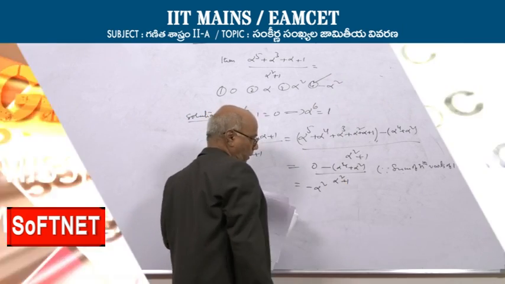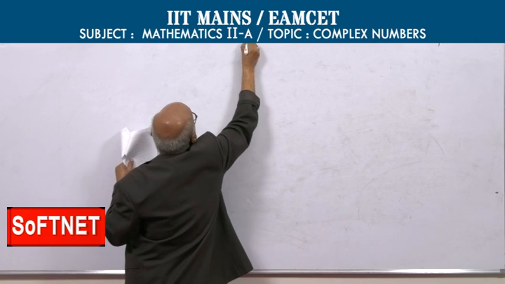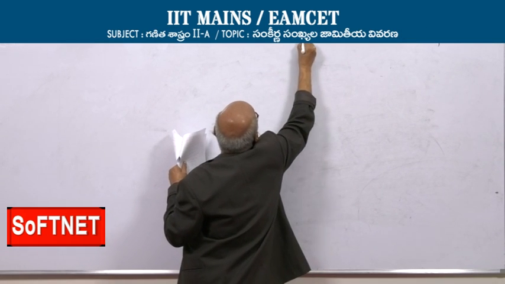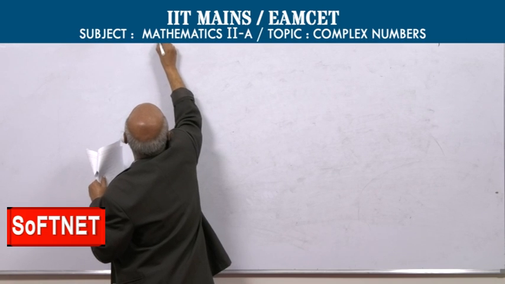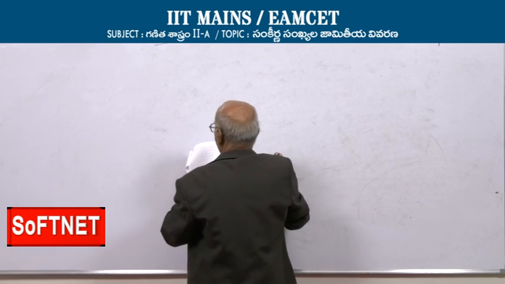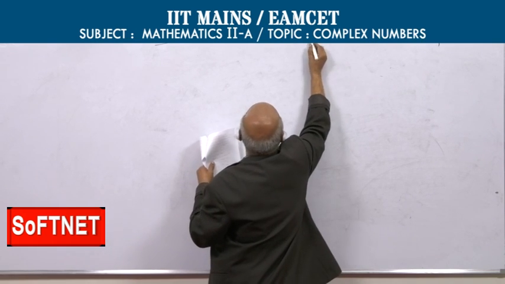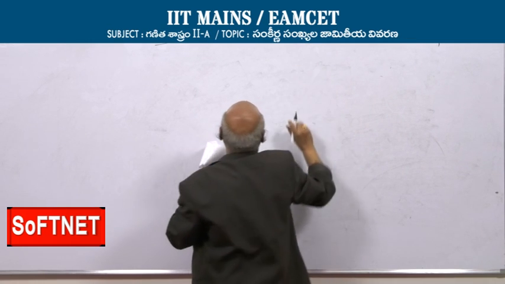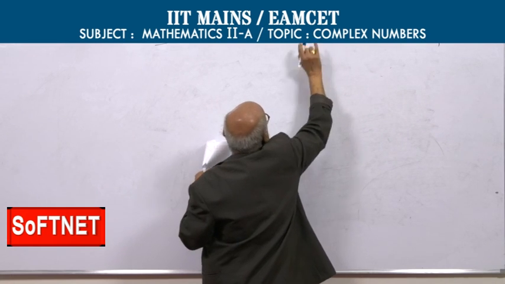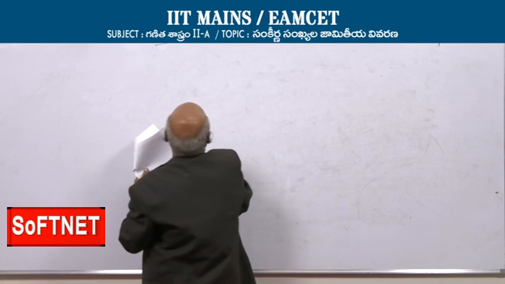So option number 4. If alpha is a fourth root of unity... Just wait, instead of being lengthy, I will shortcut it in the problem.